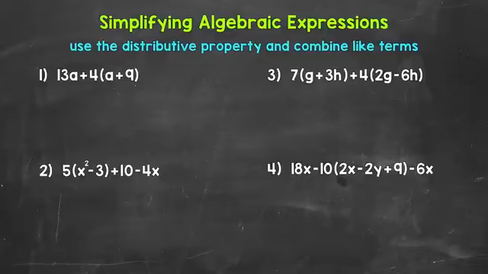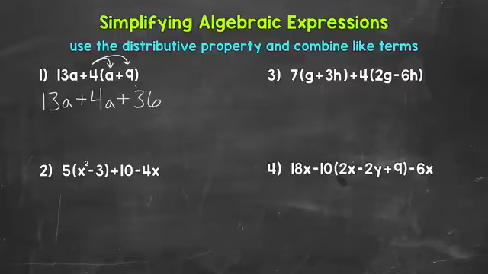So let's distribute that 4 to the a and to the 9. So we have 4 times a, which is 4a, and then 4 times 9 is a positive 36, so plus 36. This is a positive 4a, and then we can bring down 13a.